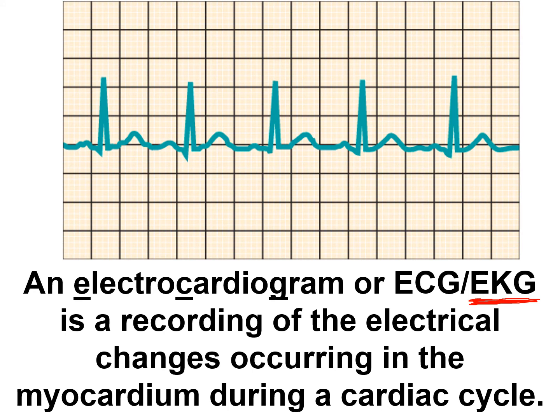And again, we've all seen this before in TV shows and so forth. Each one of these, and I'm going to just circle one here, represents the electrical activities related to a heartbeat. So every heartbeat has an EKG or ECG.